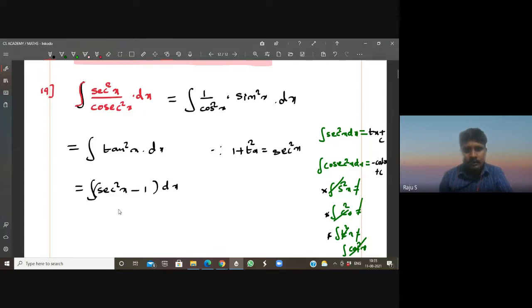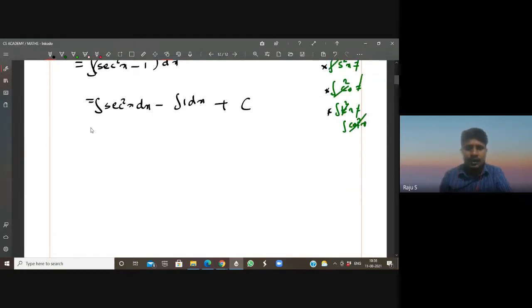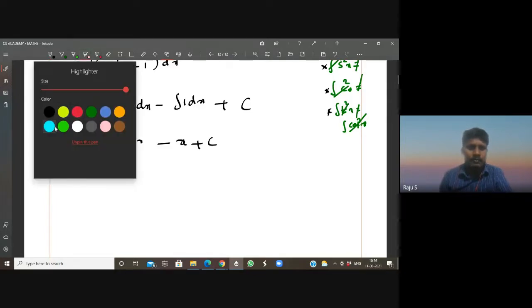So now you can write it separately: integral of secant square x dx minus integral of 1 dx plus c. Now the integral of secant square is tan x again, minus x, plus c. That's it. This is the required integral value.